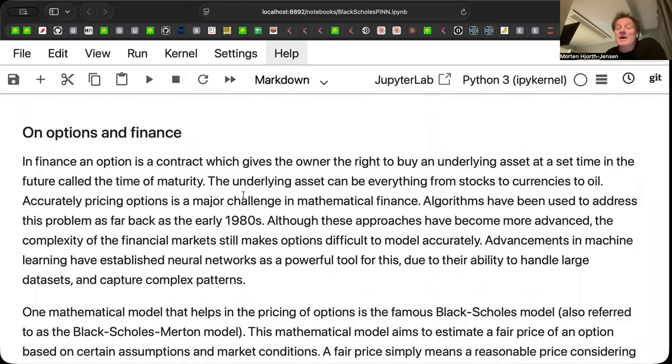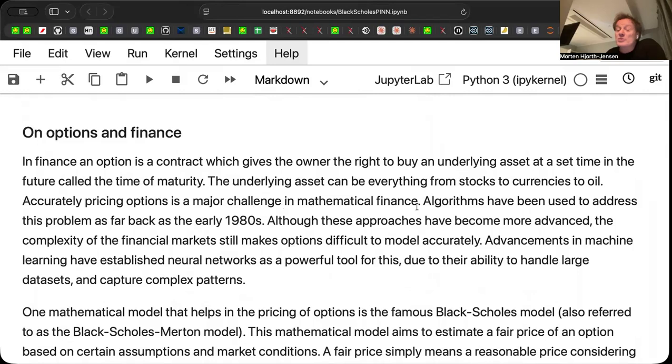And then the underlying asset can be everything from stocks to currencies to some commodities like oil or other types of commodities. And in a way, if you want to simplify it, you could say this is just a form of betting. So actually pricing options is a major challenge in mathematical finance.